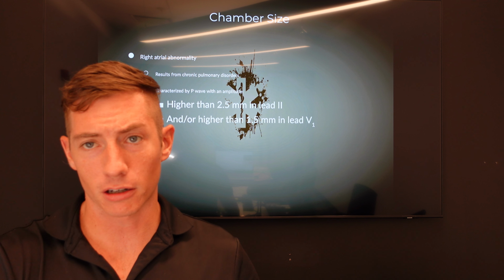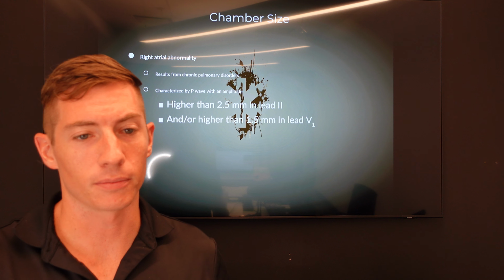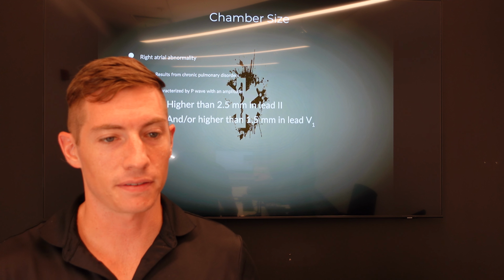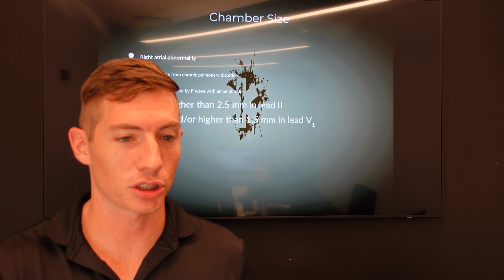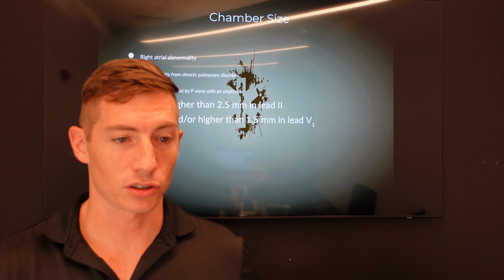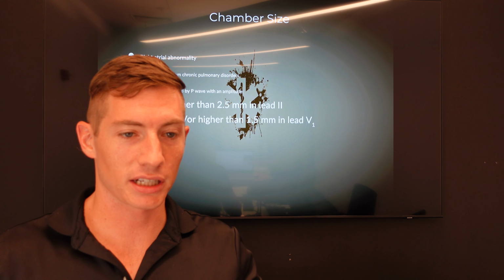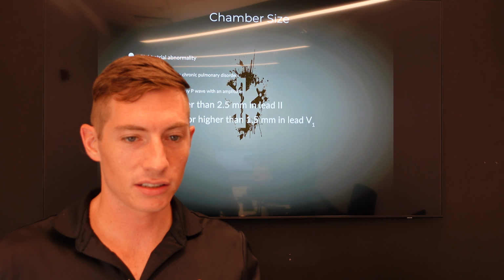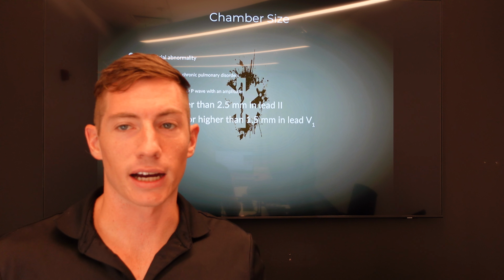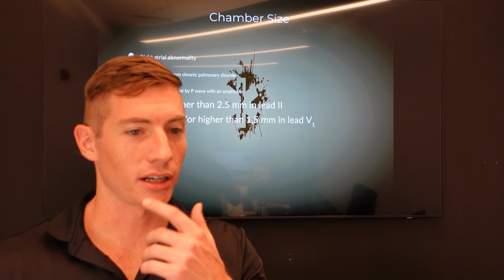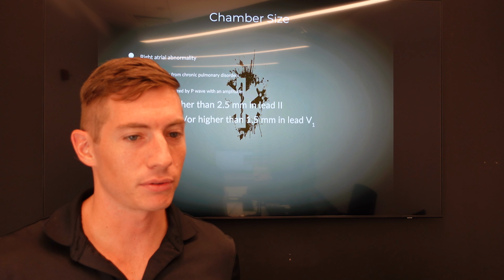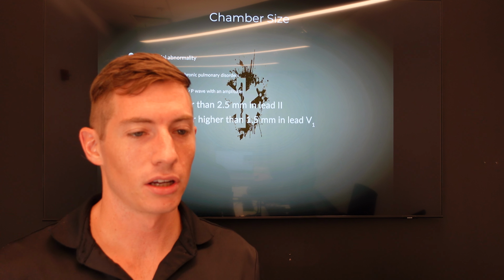So the pulmonary artery going to the lung, if that's high, then the right atrium will dilate. And also the right side of the heart is where everything is returning. If venous pressure is elevated, it's going to dilate, it's going to be bigger because there's more pressure on it. Often associated with chronic pulmonary disorders.